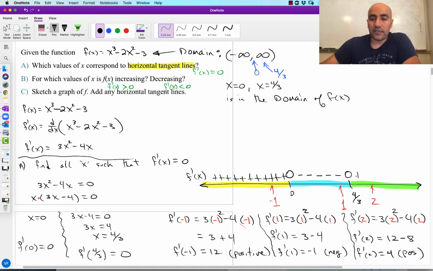And then it's going to be positive values to the right of that, right? We keep going this way, keep going this way. They're going to be positives, right? Again, just to highlight, this right here means that f prime of 0 equals 0. And this one means that f prime of 4/3 equals 0.